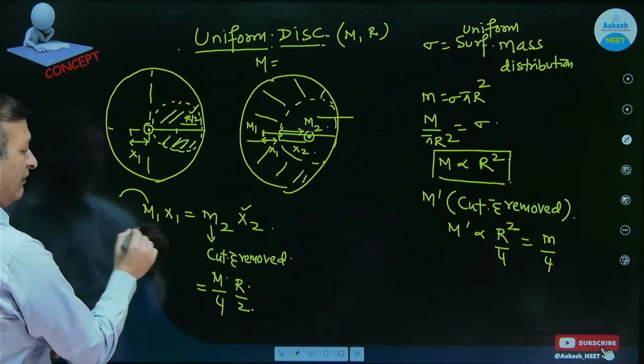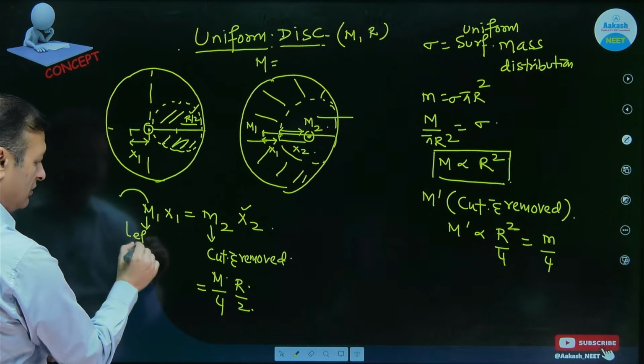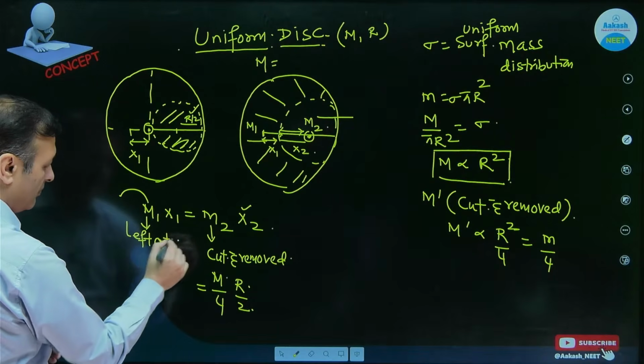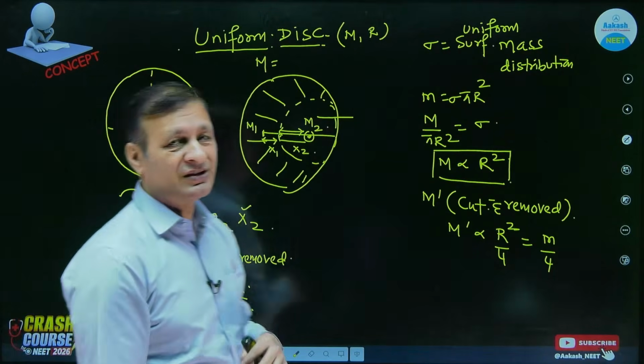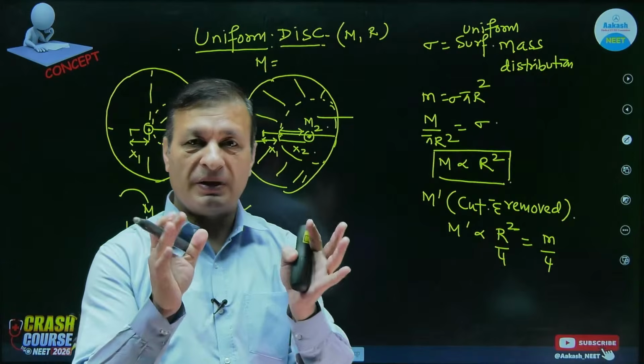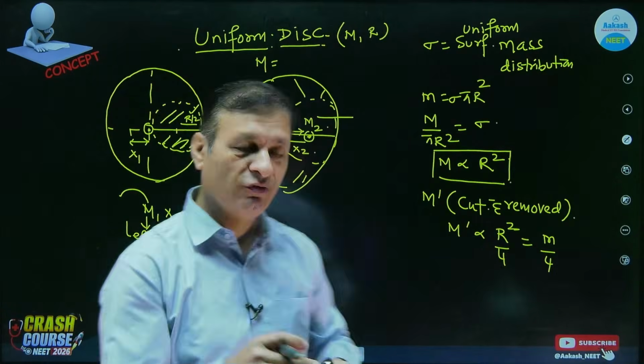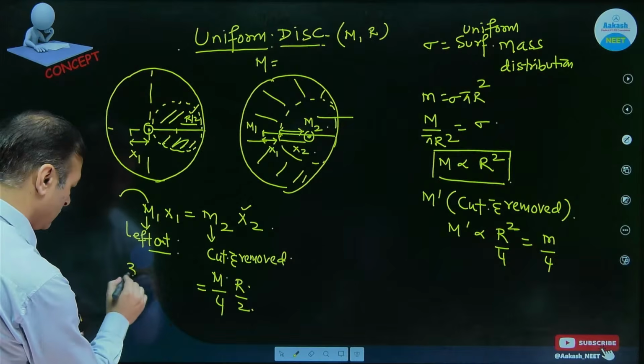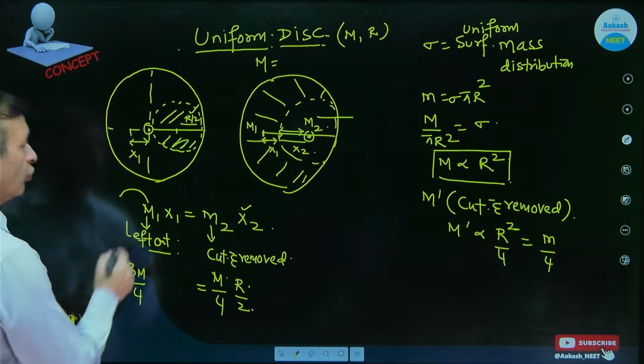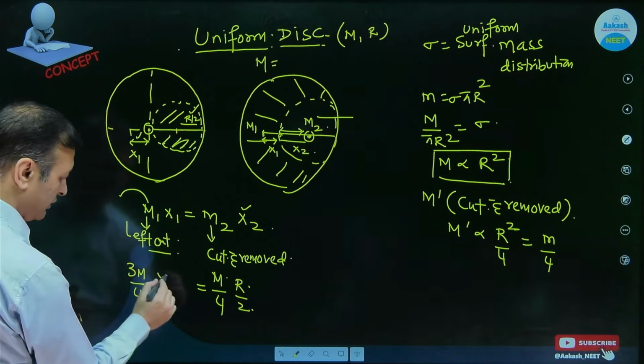The part m1 which is left out: the original mass of the disk was m, the part cut and removed is m by 4, so what you are left with is 3m by 4, and it gets displaced by this value x.